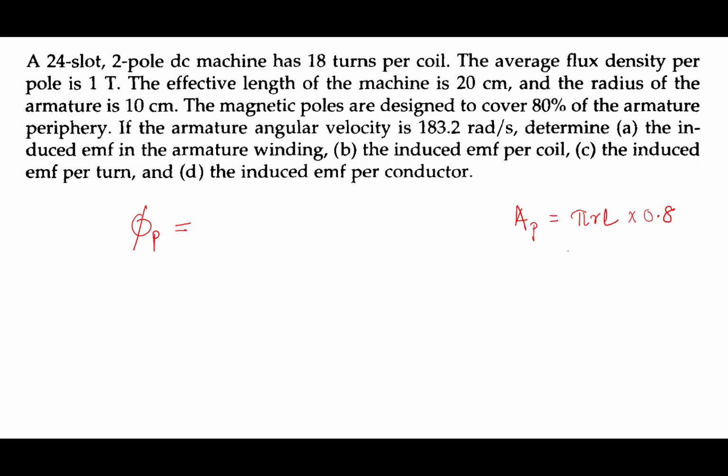So now you can multiply this with the flux density, which is given 1T, right? 1 into this pi RL into 0.8. So you will find the flux per pole. So what is the value of flux per pole? Can you tell?